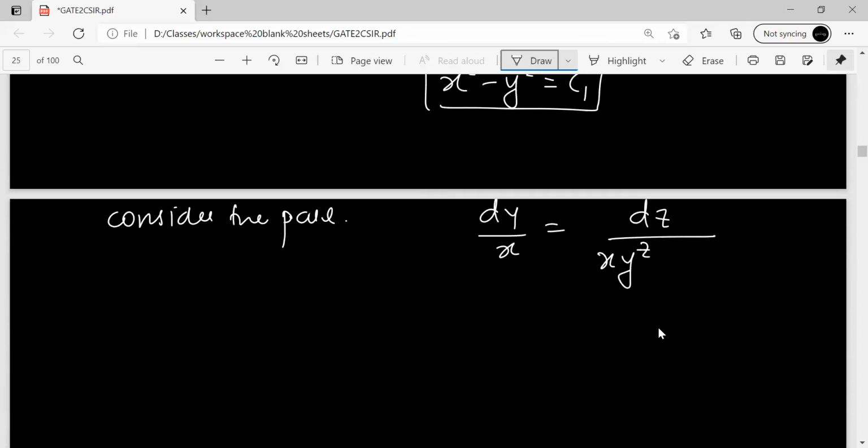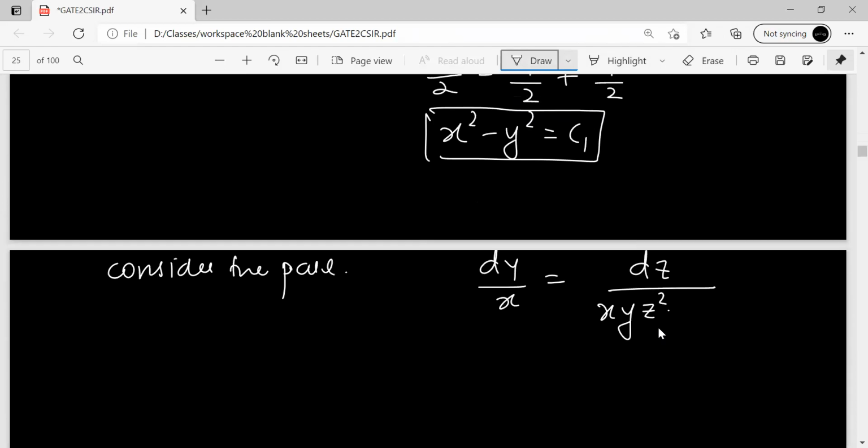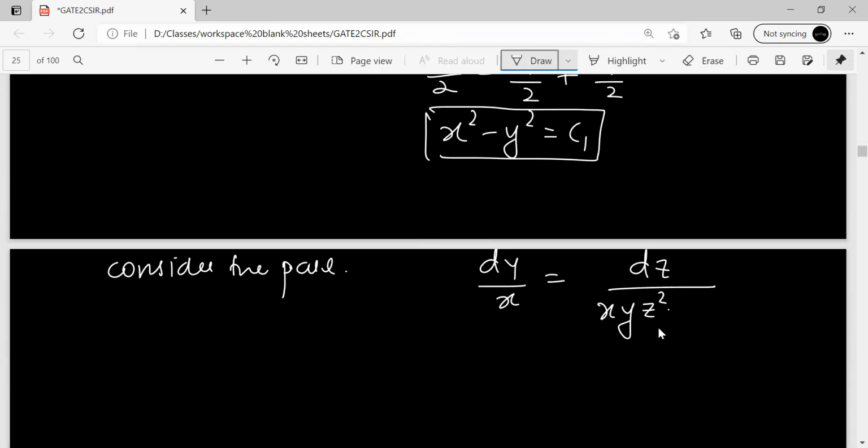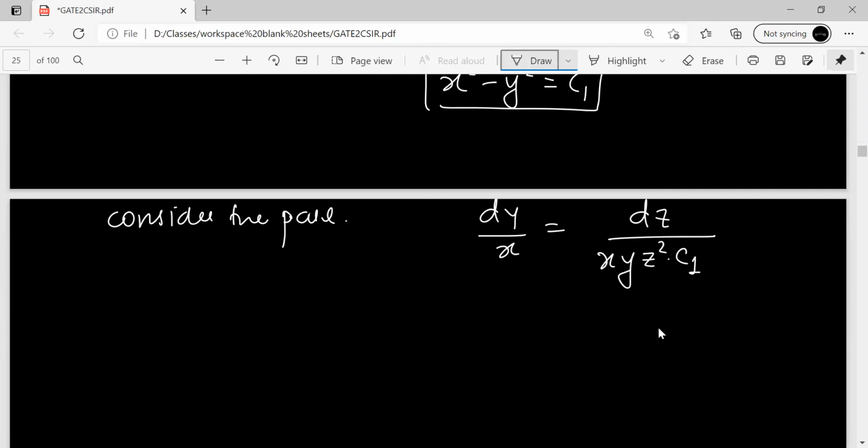I think the x square minus y square will be replaced by a constant because it cannot participate here. Now this x and x will get cancelled to get this function y. So y dy equals 1 over z square c1 times dz.